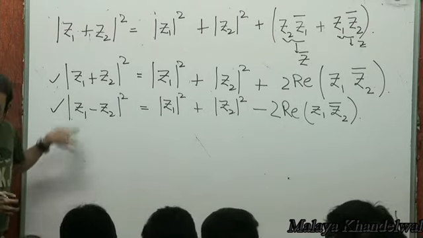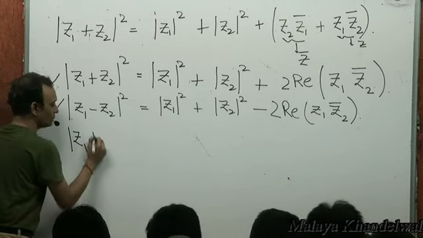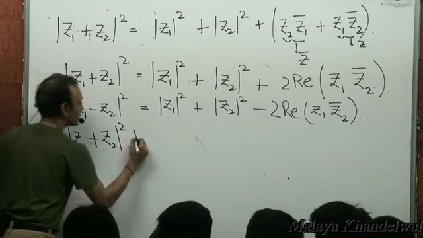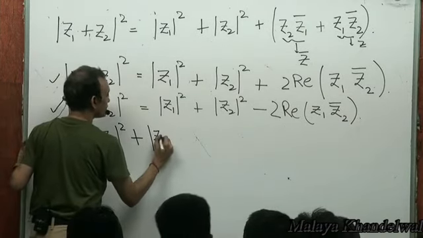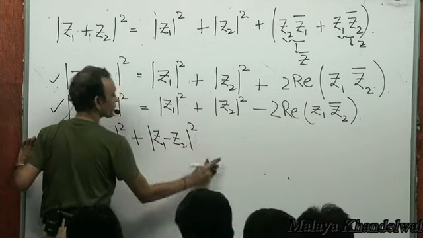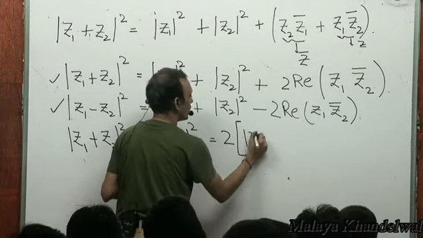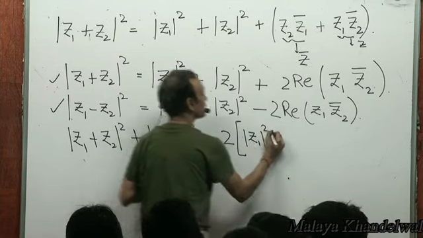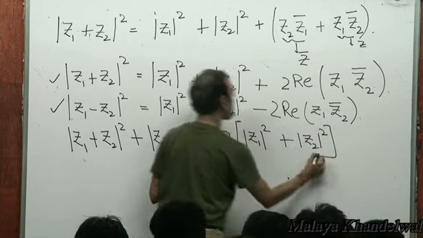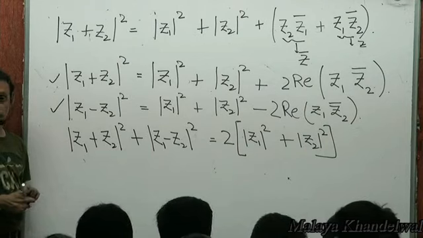Let me add them. We end up getting mod of z1 plus z2 whole squared plus mod of z1 minus z2 whole squared is twice mod z1 squared plus mod z2 squared. This is what you get.